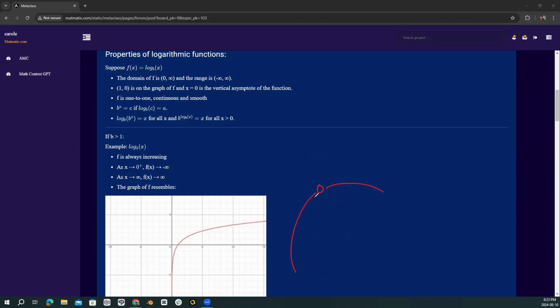There's no derivative here. And the same with smooth: when it says f is smooth, it means f is one smooth curve like this, and there's no jagged line like that.